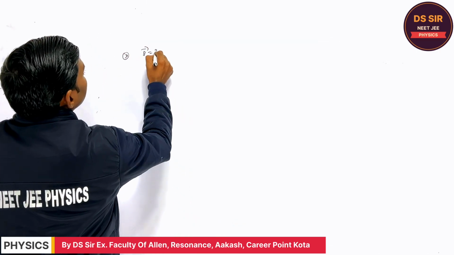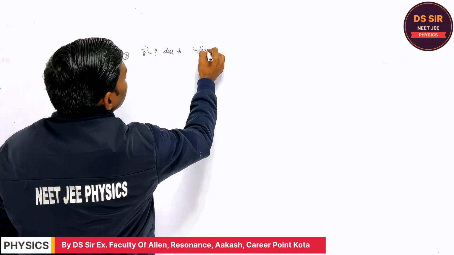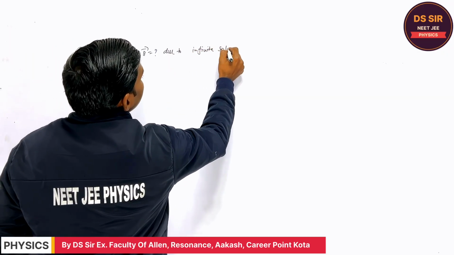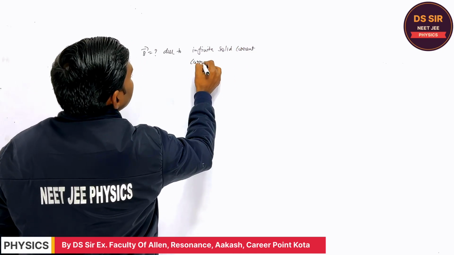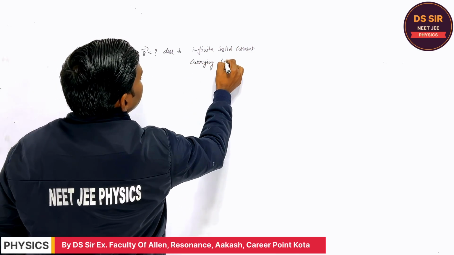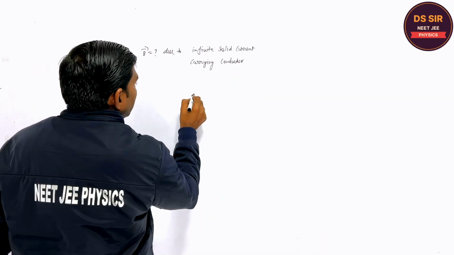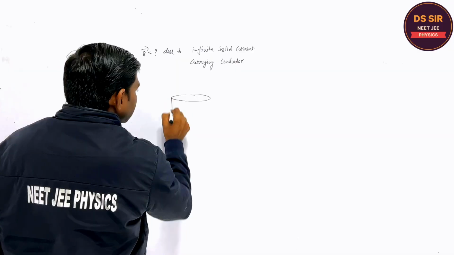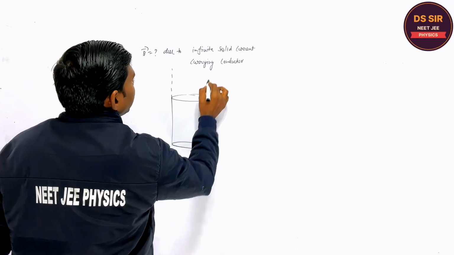You have to find B due to an infinite solid current carrying conductor. Suppose this is the solid cylinder or solid conductor, but it is of infinite length.